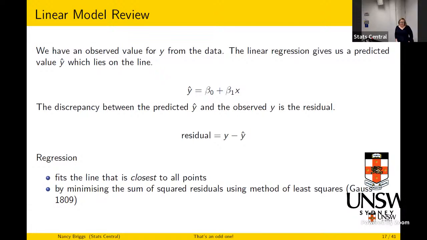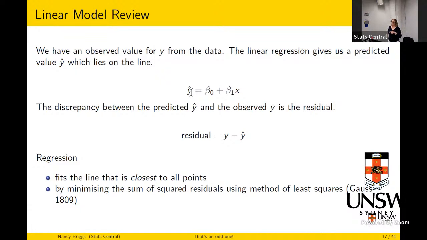So for every data point, we have an observed value in the data. And our model gives us a predicted value, which we call y hat, which is that corresponding point on the line. A predicted value for any particular value of x is defined by the regression line.